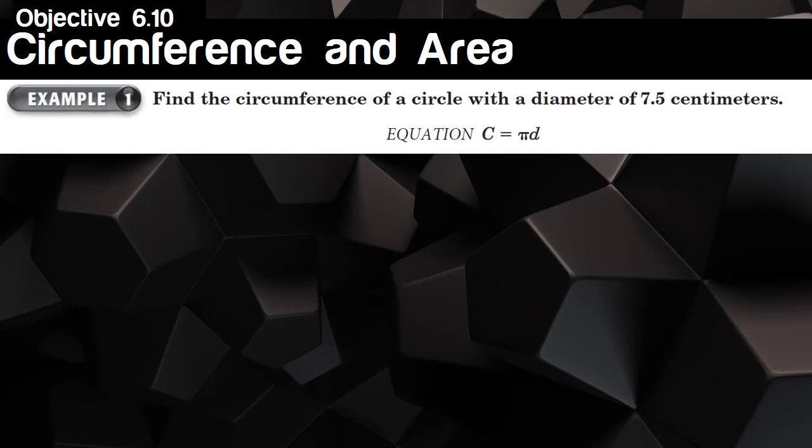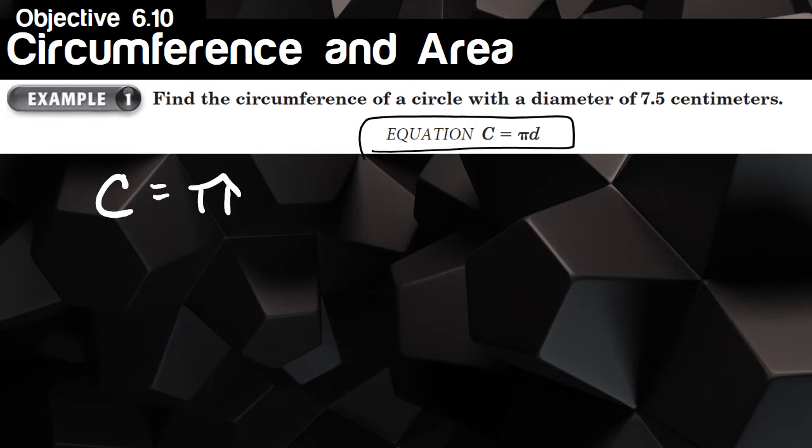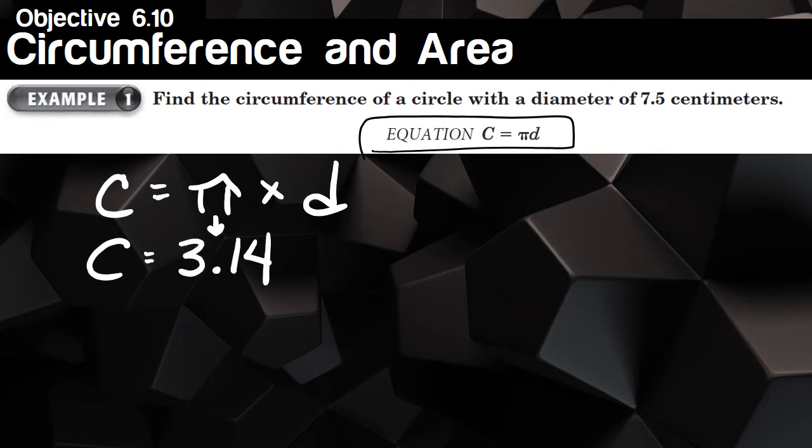Now let's try some problems. Example 1 says, find the circumference of a circle with a diameter of 7.5 centimeters. We're given the equation C equals pi times the diameter. Let's fill in some numbers: 3.14 times our diameter, 7.5.